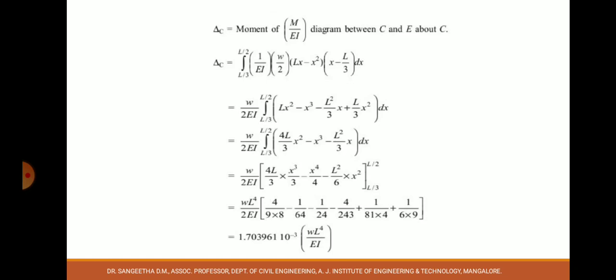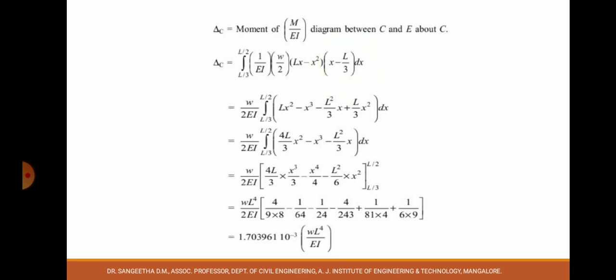I'll take one area, that is L by 3 to L by 2, and there M by EI is 1 by EI, w by 2 into (L minus x) square. And what is x? x is the distance from support A, so the distance is (x minus L by 3) into dx.